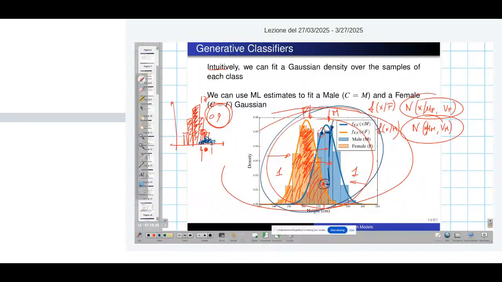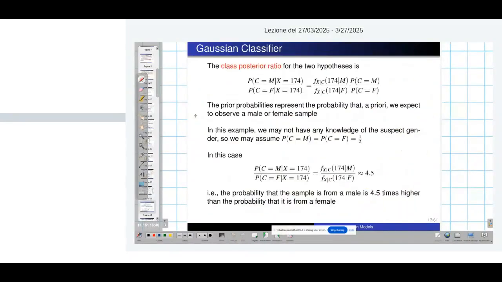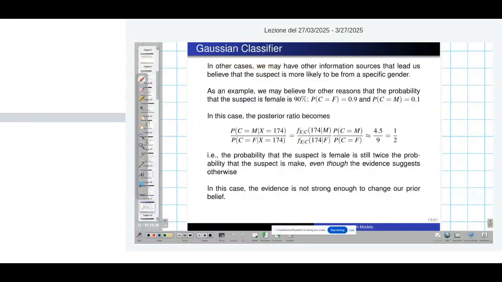I will see that there is a higher chance to have somebody who is female and 174 tall than male and 174 tall, because there is a 9-to-1 ratio of females to males. Numerically, you have it in this example.